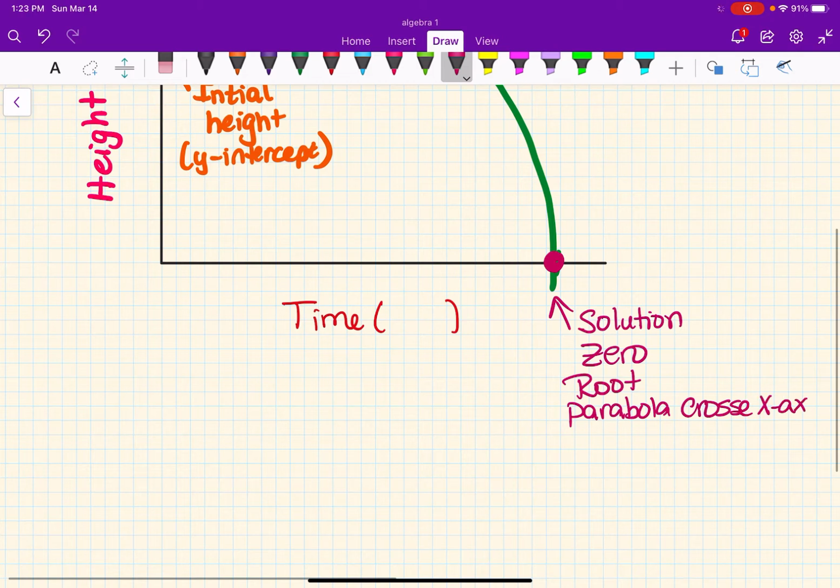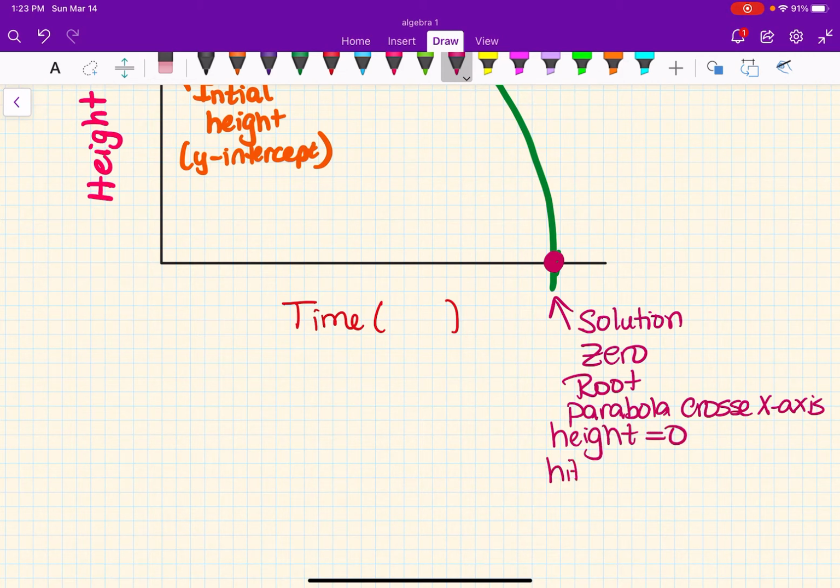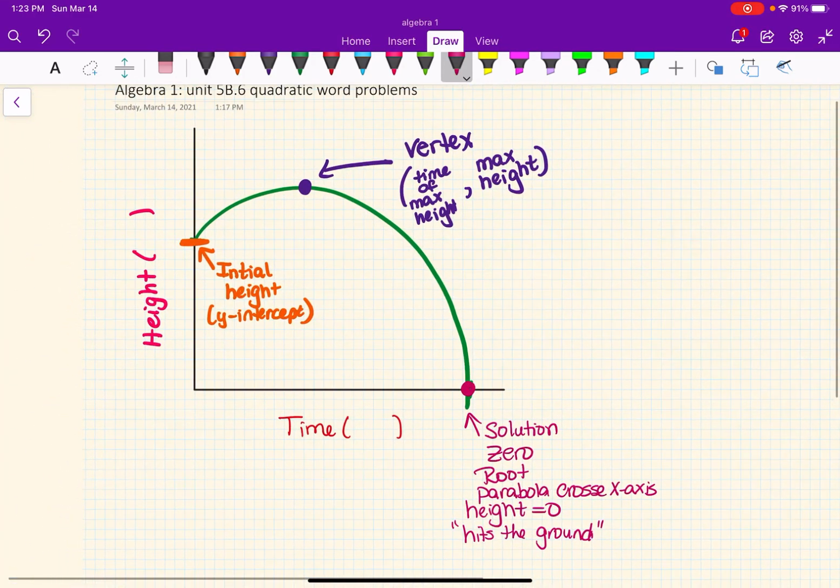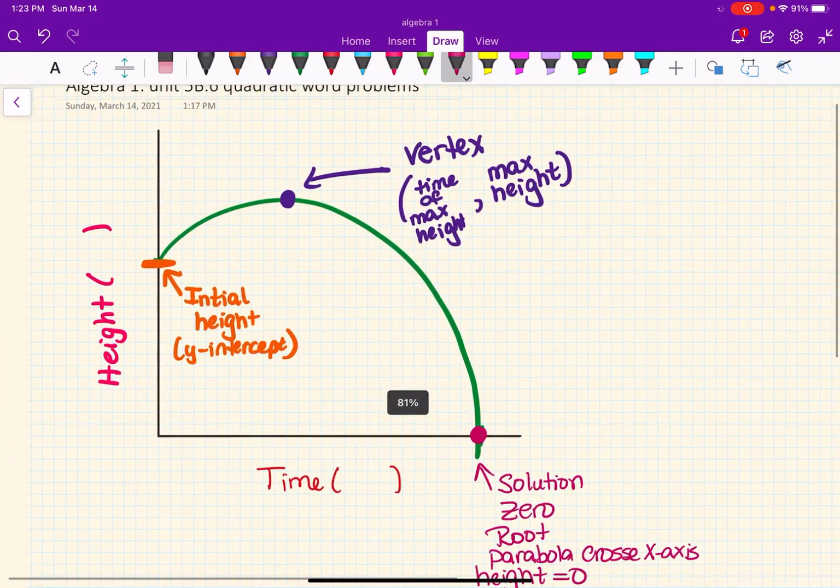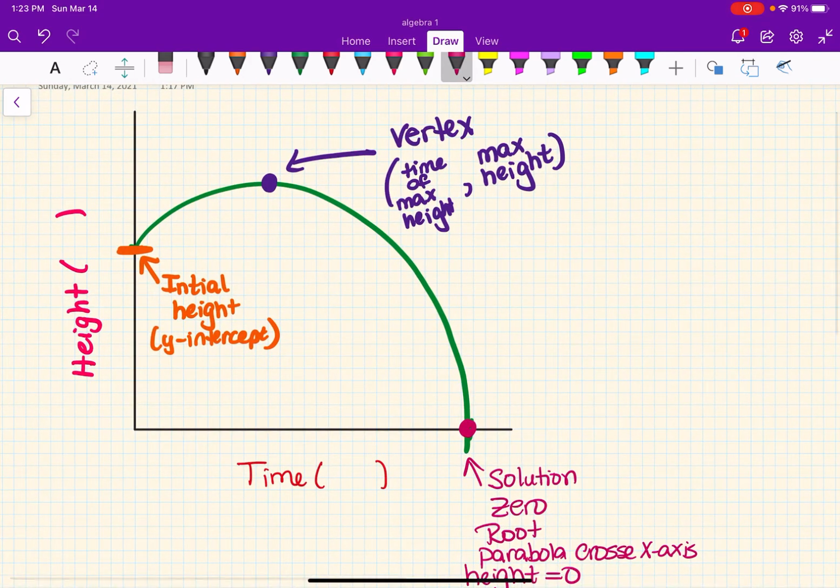In real life, though, it's where the height is 0. It's where it hits the ground or hits the water if we're throwing something into the water. This is our final meeting place. It's where it hits the ground. And so these are the parts that we're going to have to take from math world and interpret them into real life. So I'm going to pick a problem.